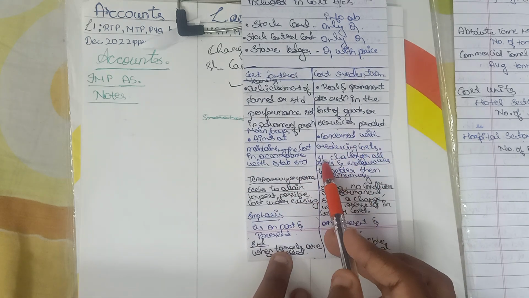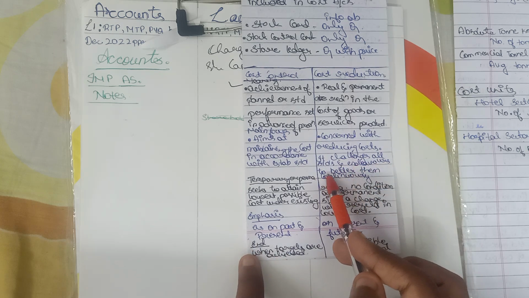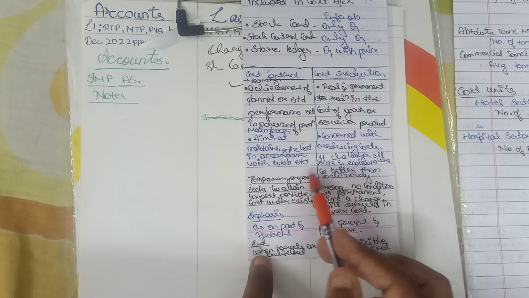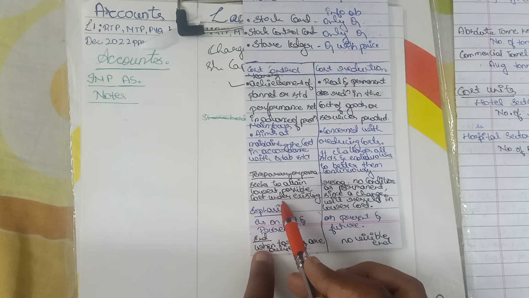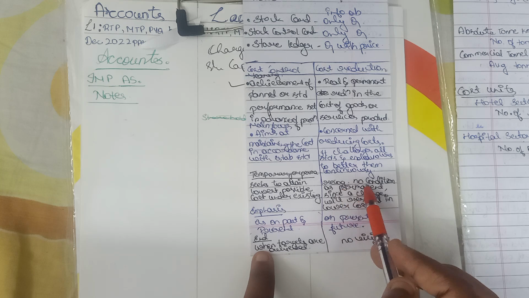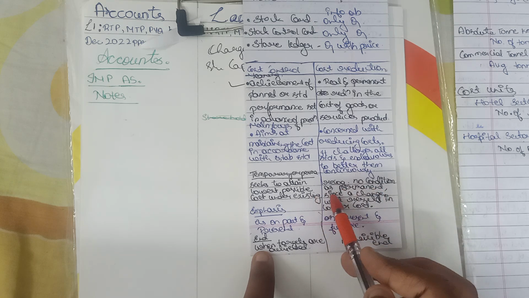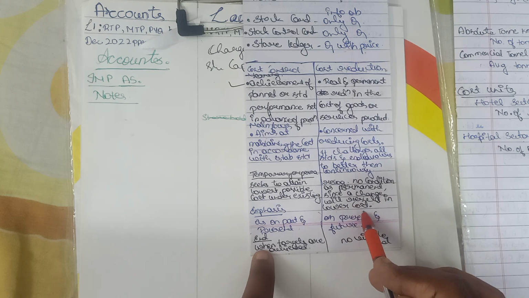Cost reduction is concerned with reducing cost; it challenges all standards and endeavors to better them continuously. Cost control, temporary or permanent, seeks to attain the lowest possible cost under existing conditions. In case of cost reduction, it is recognized as permanent, since a change will result in lower cost.